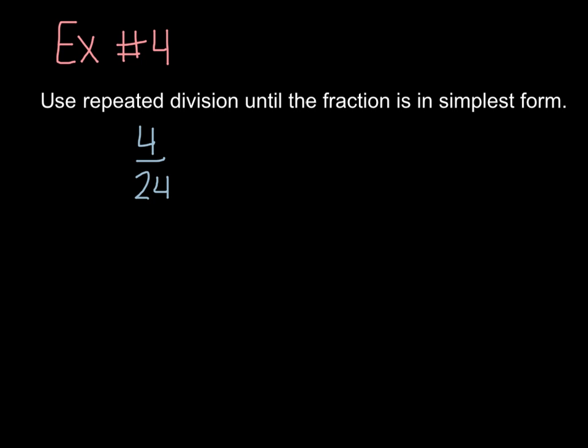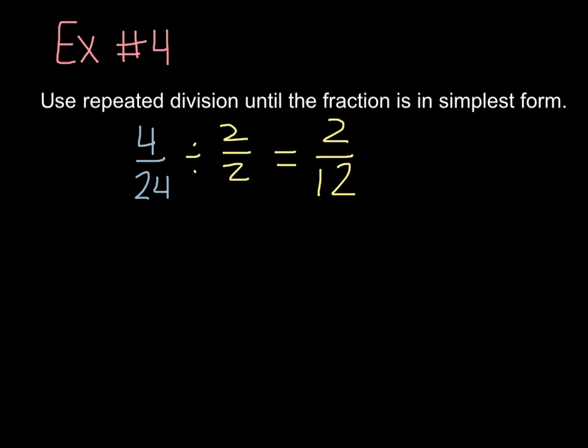Our last example, use repeated division until the fraction is in simplest form. So 4 and 24. I know they're both even numbers, and even numbers can always be divided by 2. So 4 divided by 2 is 2, and 24 divided by 2 is 12.